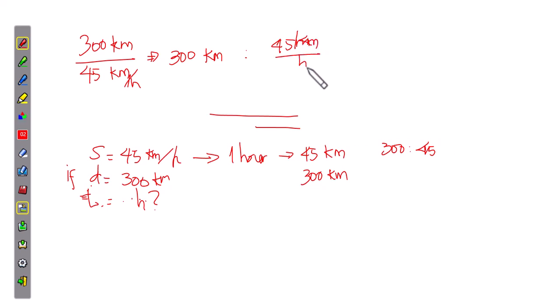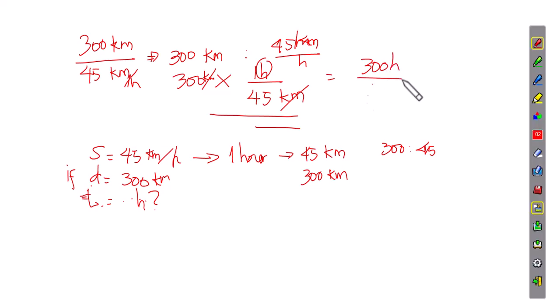Just like dividing a fraction, we change it to times 1 hour over 45 kilometer. So we can eliminate the kilometer, and later we just have the hour as the unit. So 300 times 1 hour, 300 hour divided by 45.